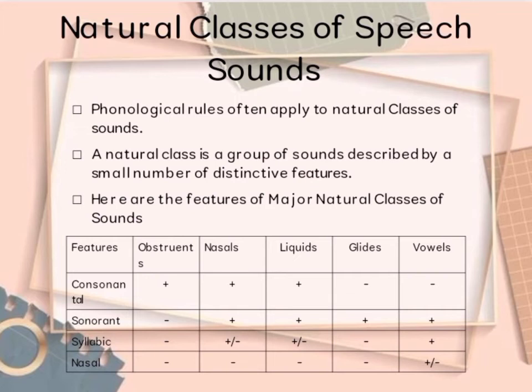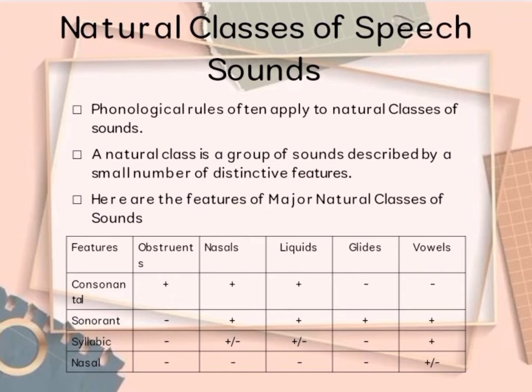For example, the set containing the sounds p, t, and k is a natural class of voiceless stops in American Standard English. This class is one of several other classes, including the voiced stops b, d, and g.